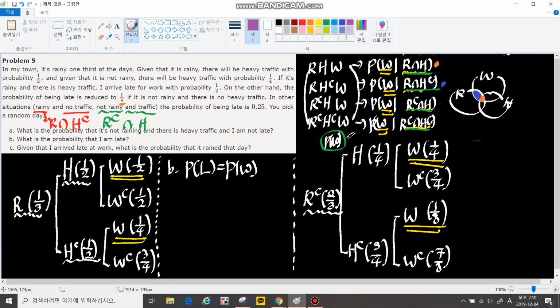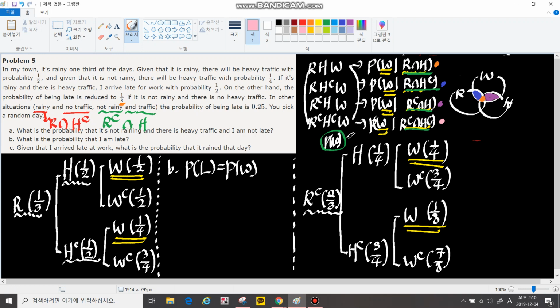For this third case, let's do it with purple. R complement intersection H is this part over here, and the probability that W happens is over here. Now let's mark the last one with pink: R complement intersection H complement.